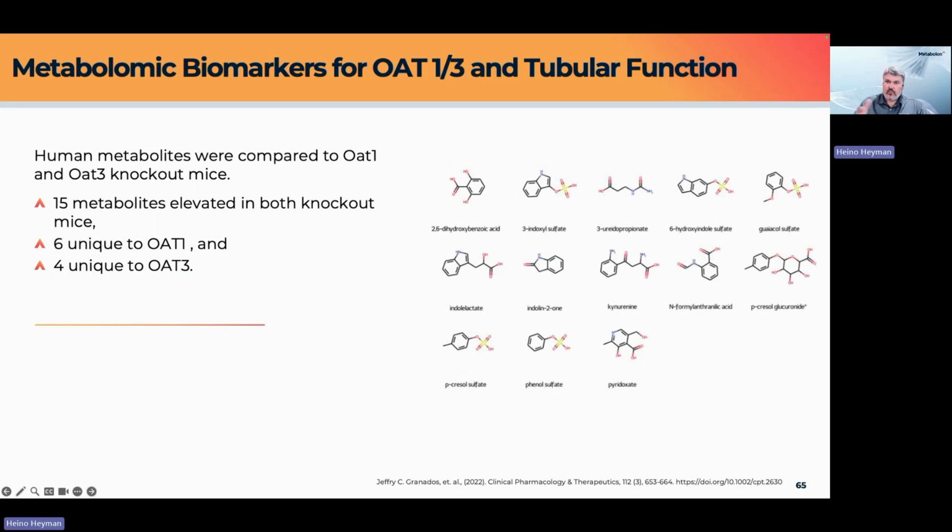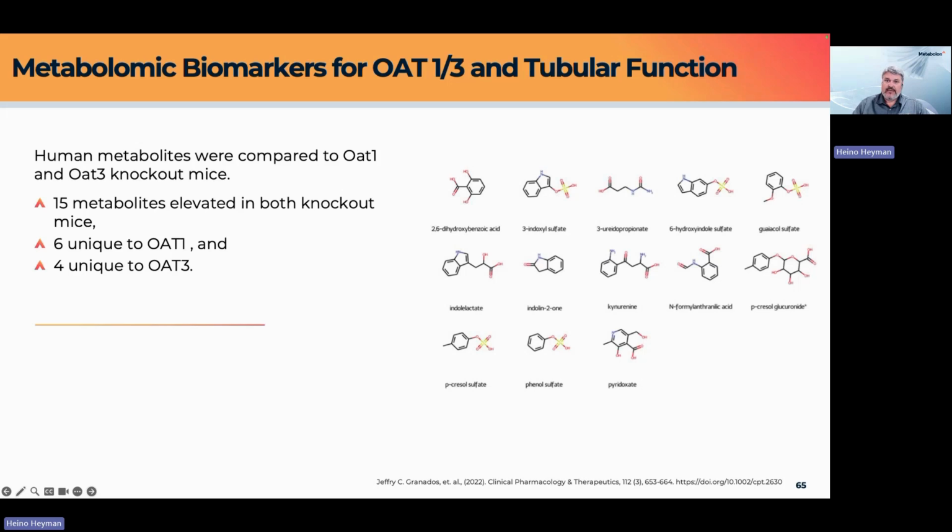So they took it one step further and developed OAT1 and OAT3 knockout mice, and they followed that up with global metabolomics with Metabolon as well.